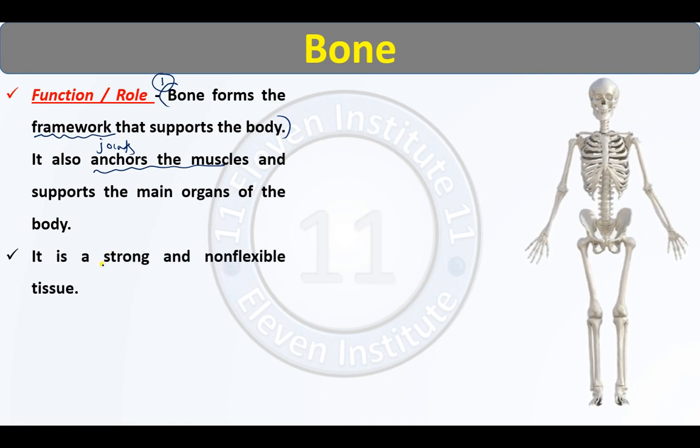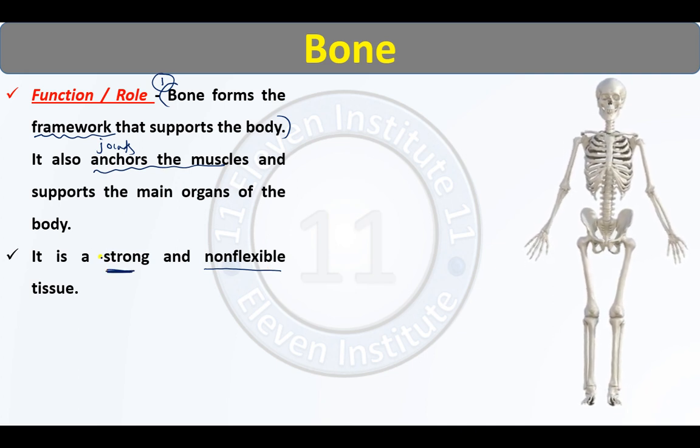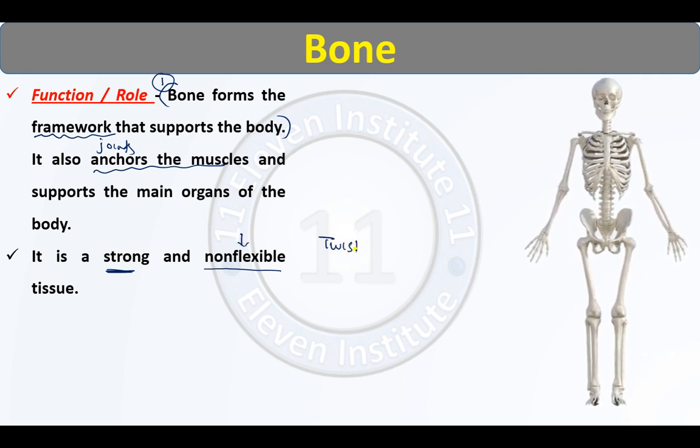It is a strong and non-flexible tissue. It is strong, that is fine. Bones are strong, we very well know that. And they are non-flexible, means you cannot twist and turn your bones.